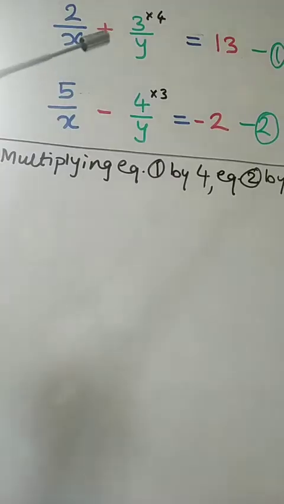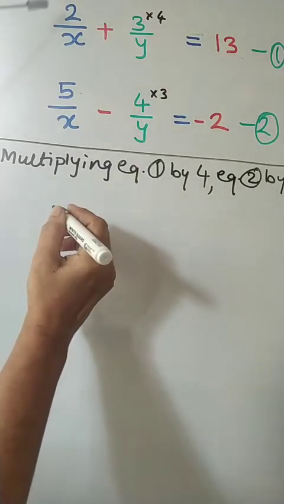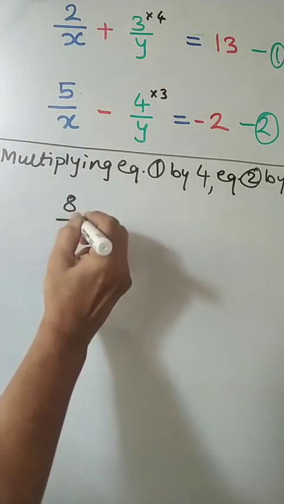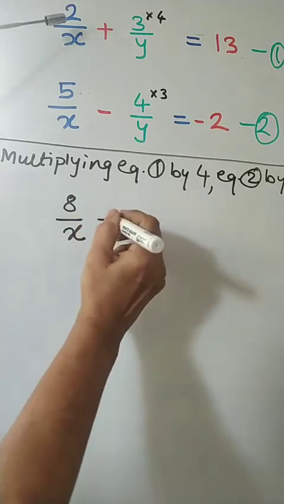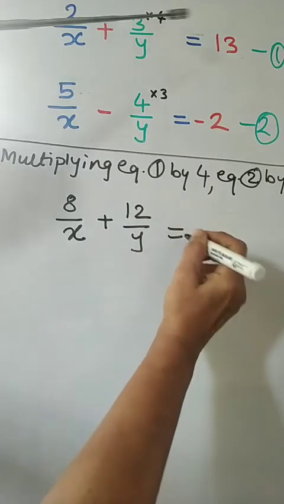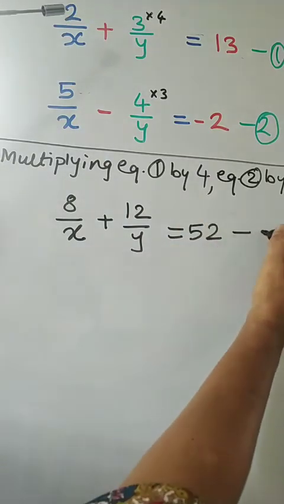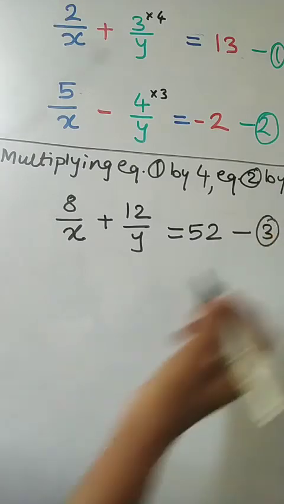So now we are multiplying this entire equation 1 by 4. 4 multiplied by 2 upon x, that means 4 2s are 8 upon x we will get, plus 12 upon y is equal to 13 4s are 52. We have got equation number 3.